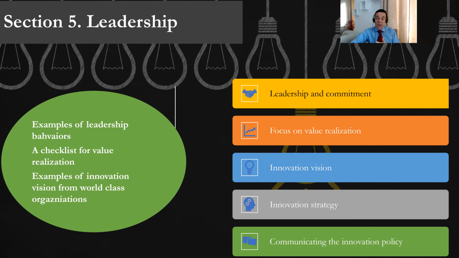It talks about innovation vision. What's the vision of senior leadership and top leadership with respect to innovation? It talks about innovation strategies, and then it talks also about how you are going to communicate the innovation policies.